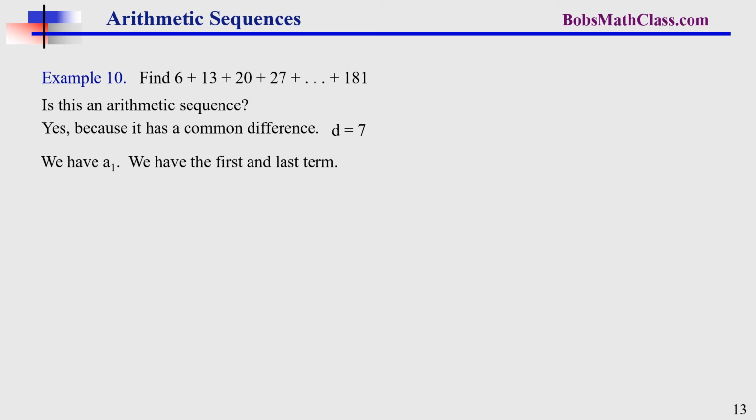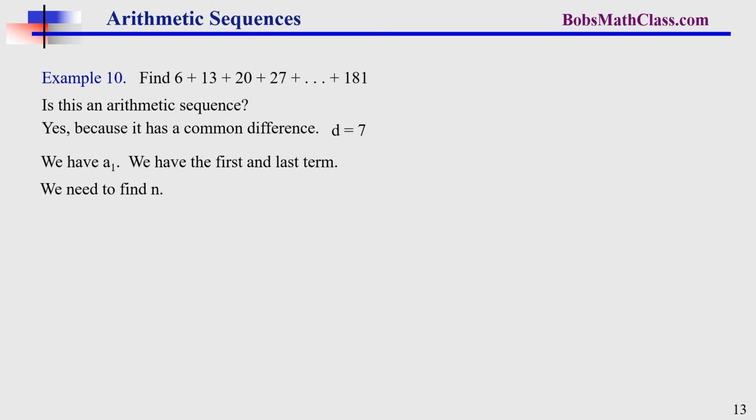We have a1. a1 is the first term, which is 6. How about the last term? Right, 181. We have our first term and we have our last term. What we don't have is the number of terms, n. So that's our goal right now, is to find n. Why do we need to find n?